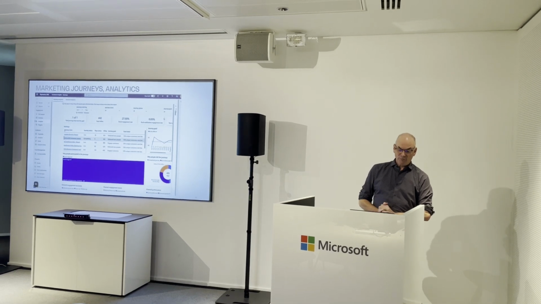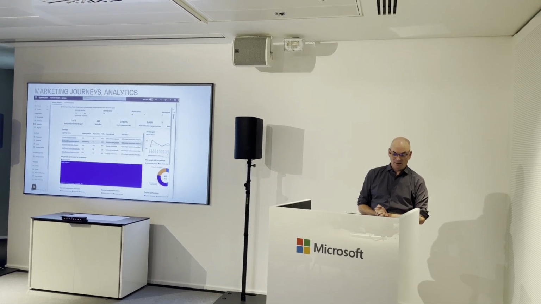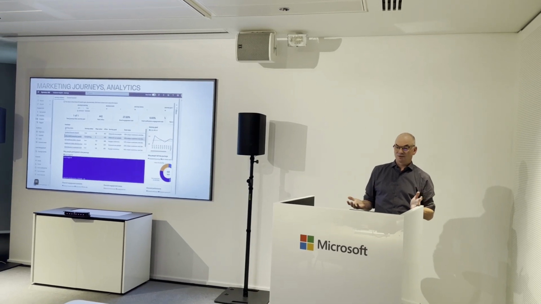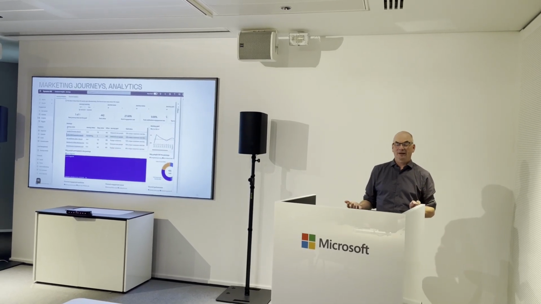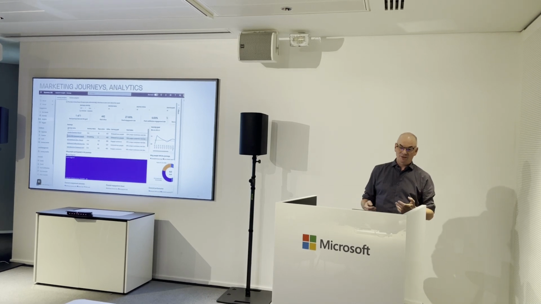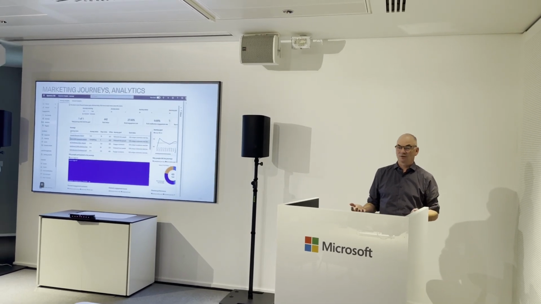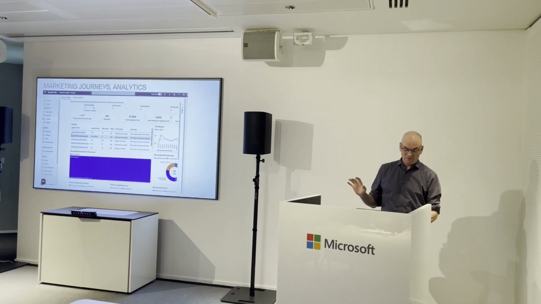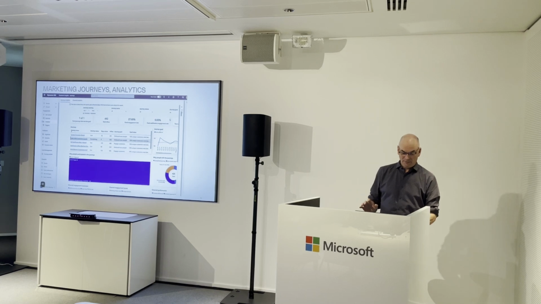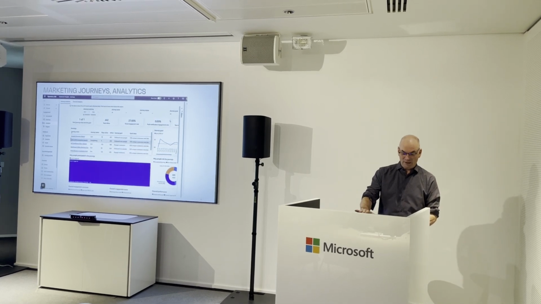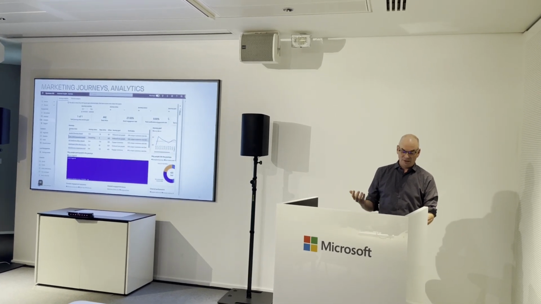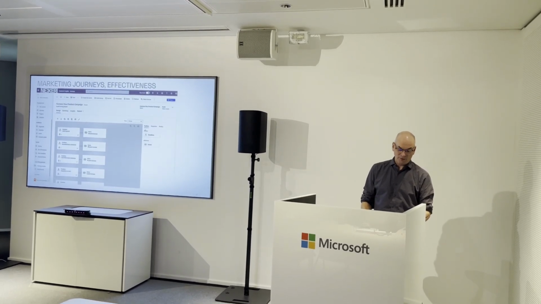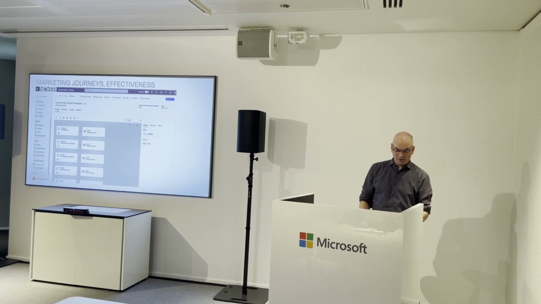Other nice improvements are around analytics. We've got analytics on these journeys. It's very important, obviously, to measure the efficacy of your campaign and your journeys, and to be able to improve how you design and execute those over time. So analytics gives you that capability. You can see how each of these customer journeys that you've created is performing across specific channels, but also in the round.